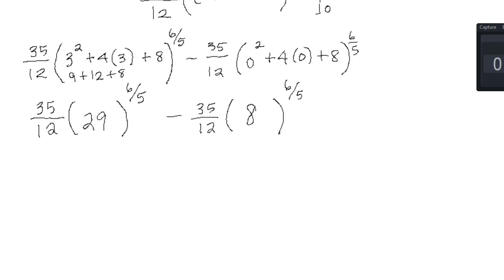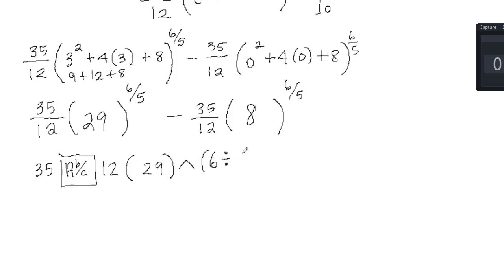When I enter this in the calculator, I'm going to do 35, fraction key, 12, left parentheses 29, right parentheses, caret key, parentheses 6 divided by 5. You can use the division for this exponent or the fraction key.